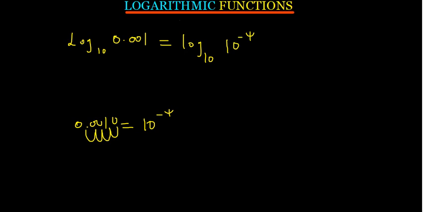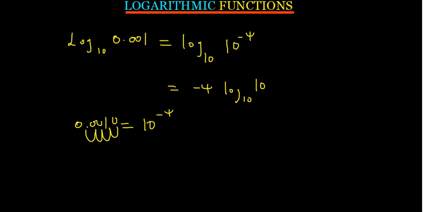Okay, I think that is it. Then the negative 4 can come in front, and that is going to be negative 4 log in base 10 of 10, and we can tell what the answer is. Do you have any question?